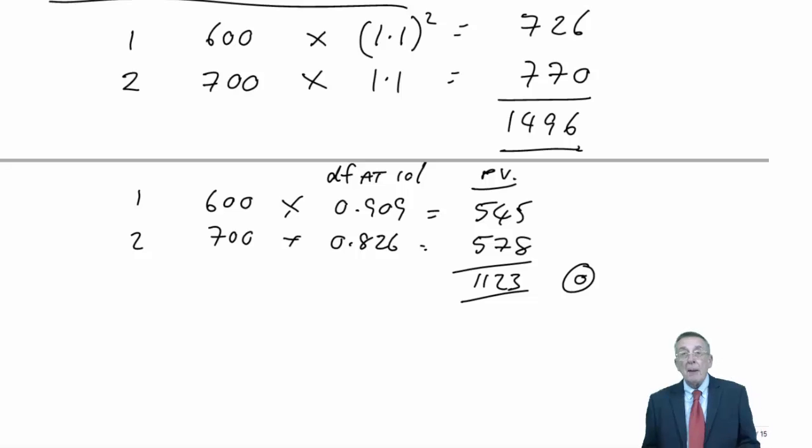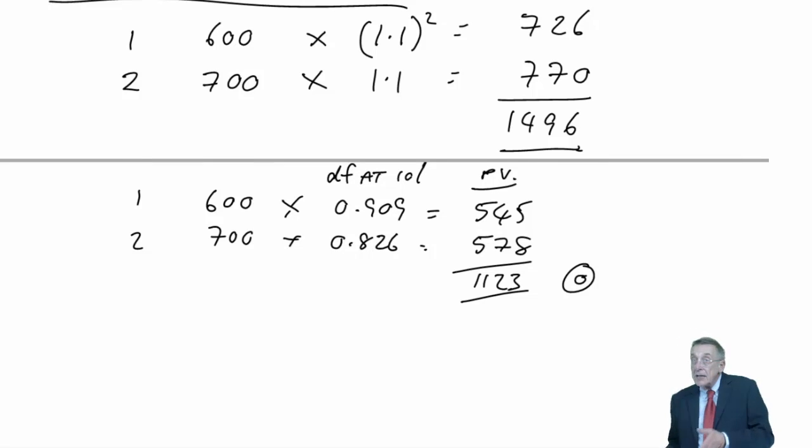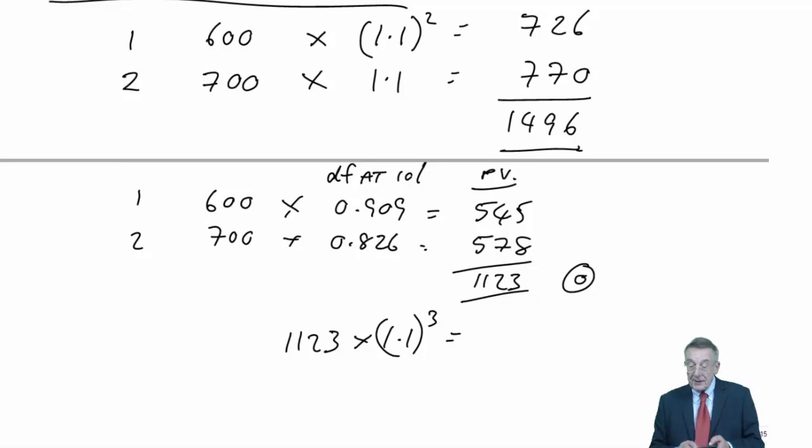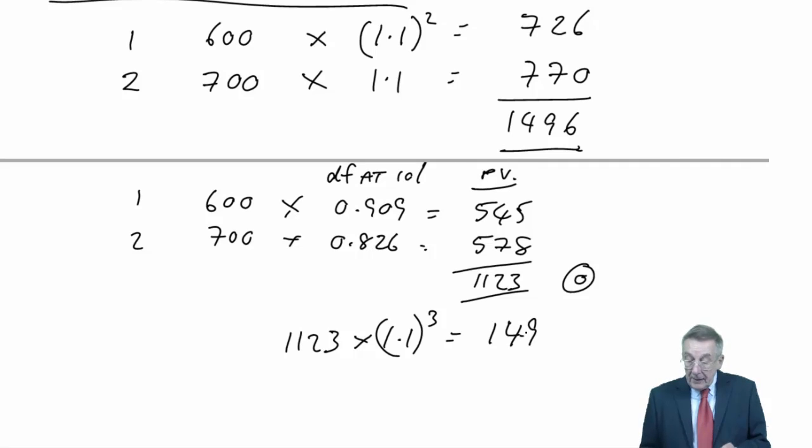Present value now. To get the value in 3 years' time, it's a 3-year project, the terminal value, simply add on 3 years' interest at 10%. Is 1490, well, 4.75.